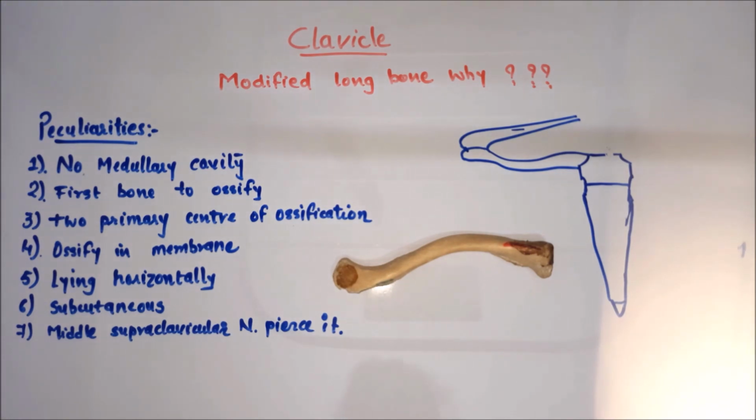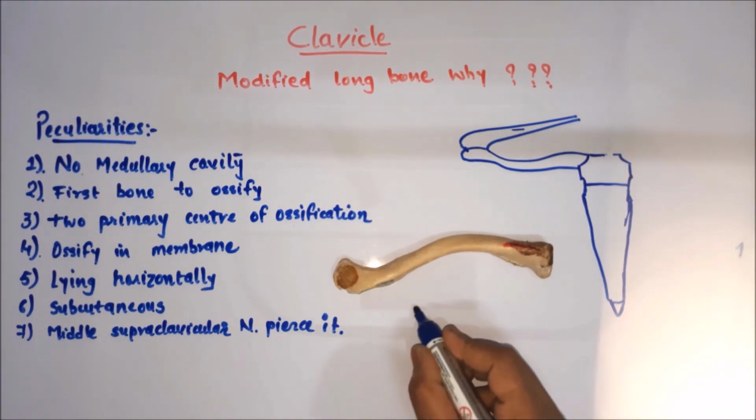The most commonly asked question during the viva is its peculiarities. You should remember its peculiarities, and another important question is the coracoclavicular ligament.